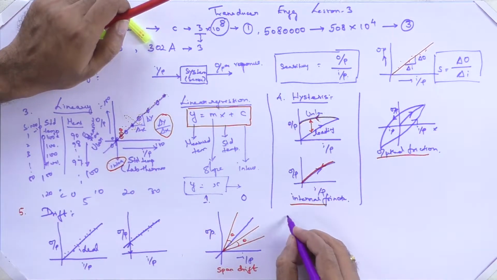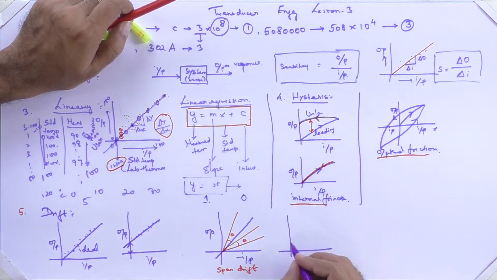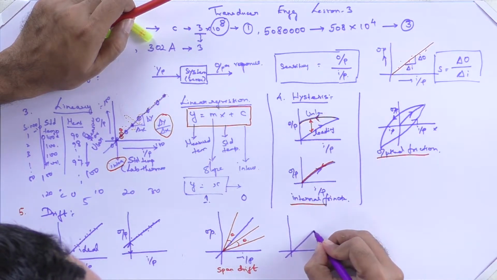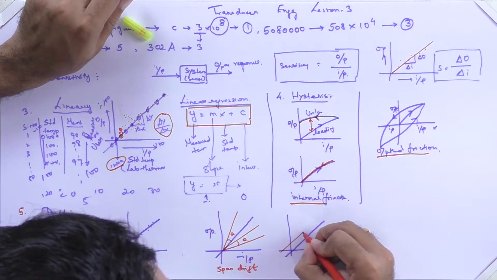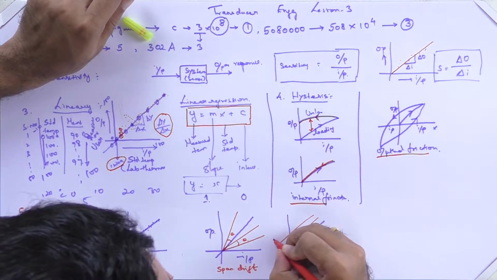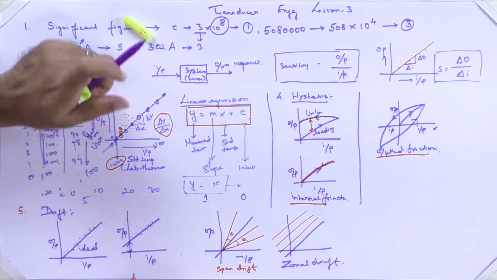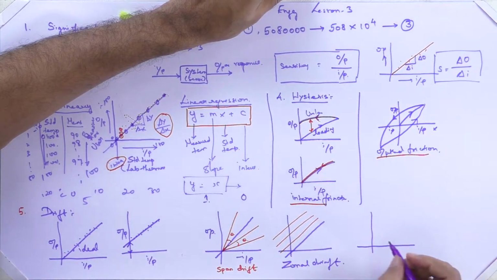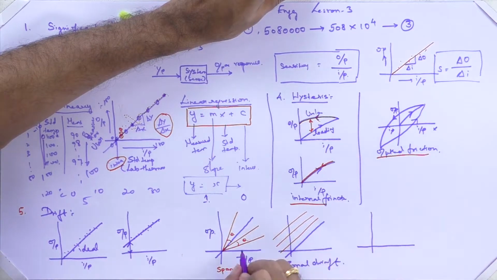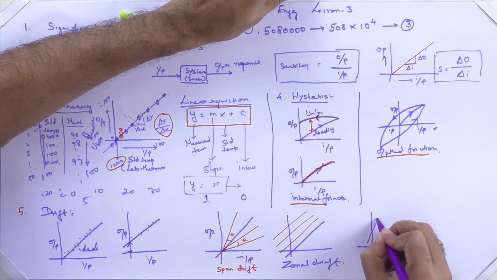Then the other condition is something like this. This is your ideal condition, but parallelly it occurs. This is called zonal drift. And then there is a condition where both are there: a drift in the angle and also a drift in the area, something like this.